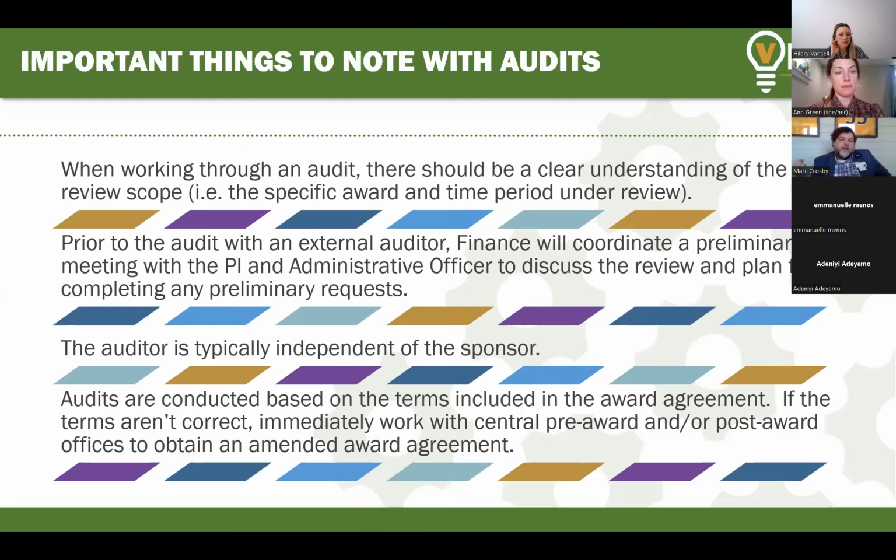Secondly, understand prior to the audit that there may be external auditors. Finance can help coordinate preliminary meetings with those external auditors. Oftentimes they're familiar with what's going to be asked, even the type of questions. Our central finance team is familiar with what types of documentation the auditors may ask for.